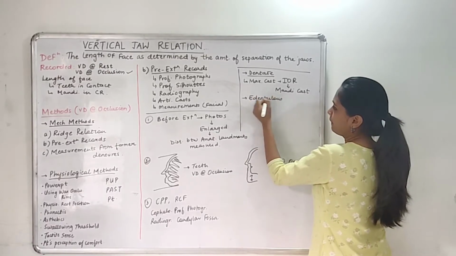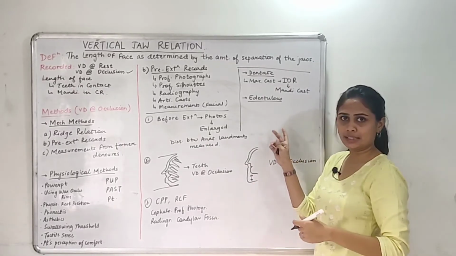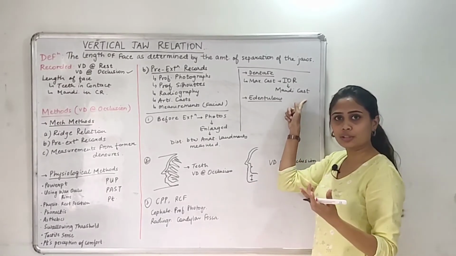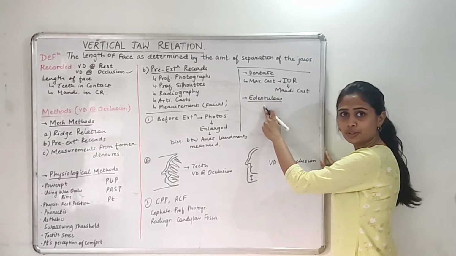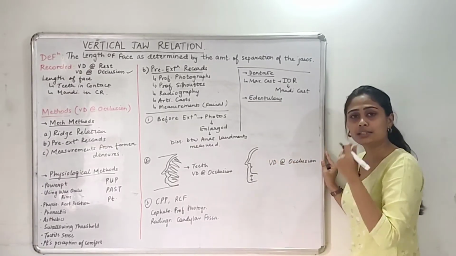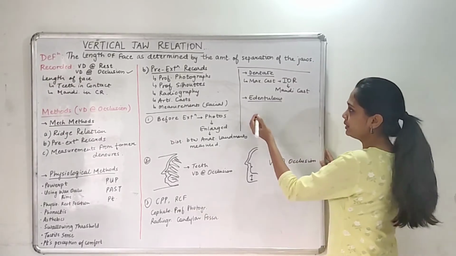we separately articulate the maxillary and the mandibular cast, and then the interocclusal records can be used and it can be confirmed with the edentulous cast, and the distance between the ridges can be measured and articulated in the same way.